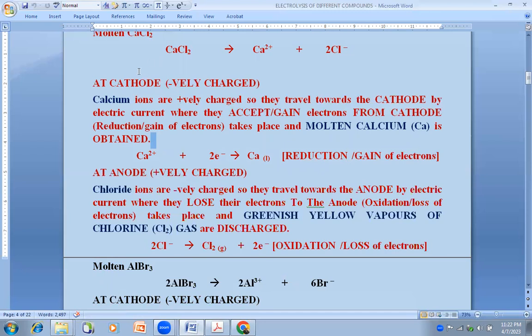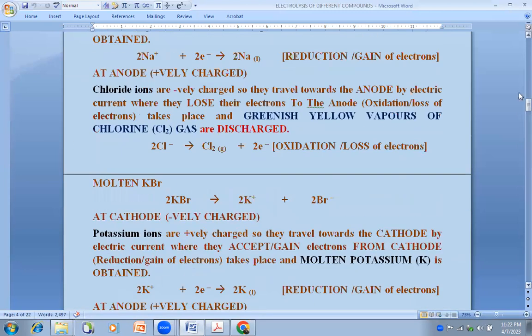So we just change the word magnesium to calcium. Calcium ions are positively charged, so they travel towards the cathode by electric current, where they gain electrons from the cathode, and molten calcium is obtained. What is the appearance of calcium? It is silvery white or white.